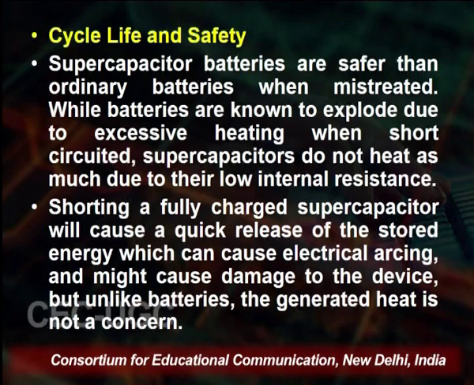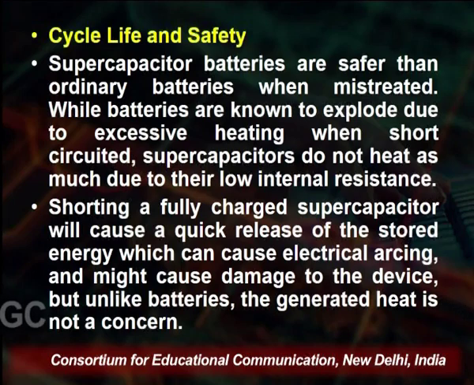The other point is the cycle life and the safety, which is the most important part of the supercapacitor. Supercapacitors are safer than ordinary batteries when mistreated.